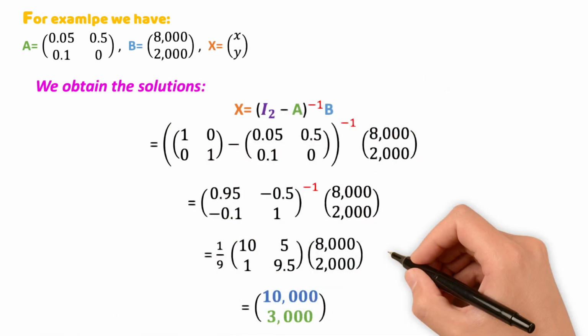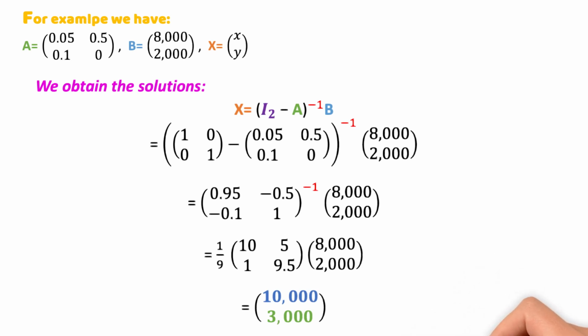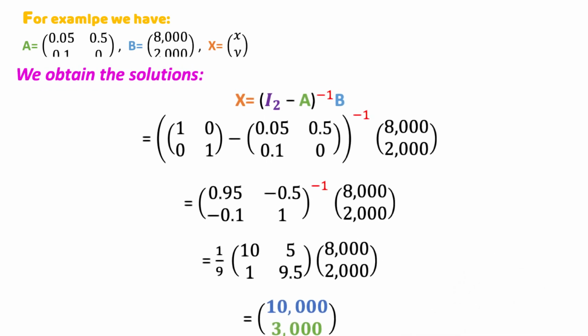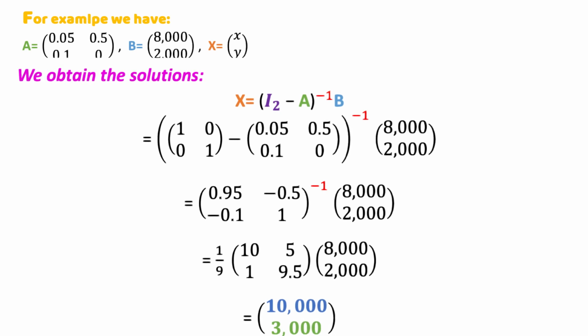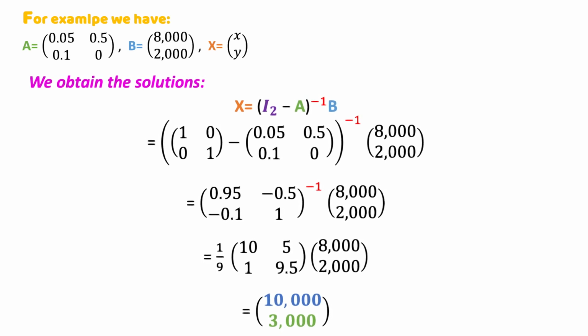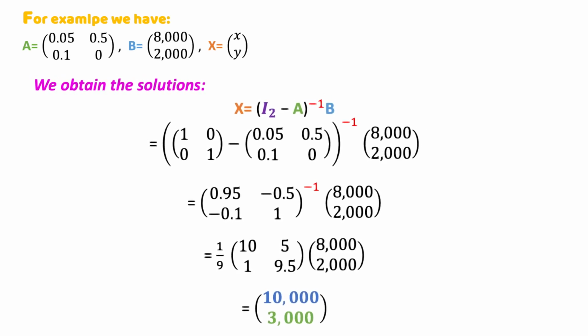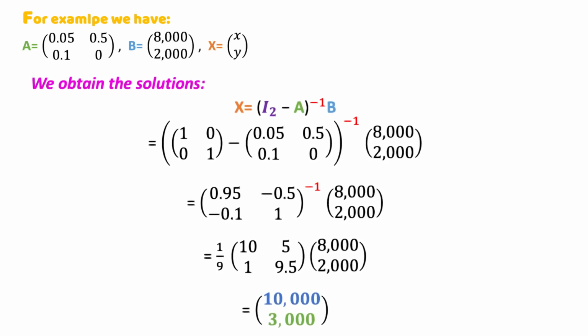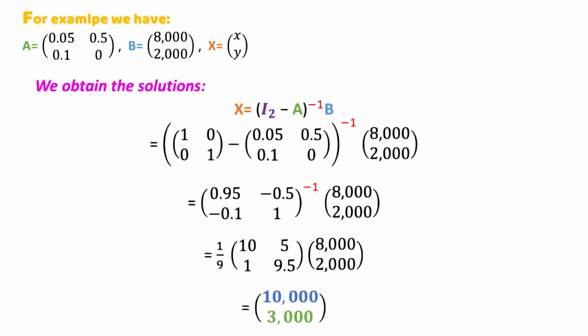So the next step is just to perform all the matrix operations, and what we get at the end is that X equals 10,000 and Y is 3,000. So we have that X equals 10,000 tons of food and Y equals 3 million kilometers of car travel.